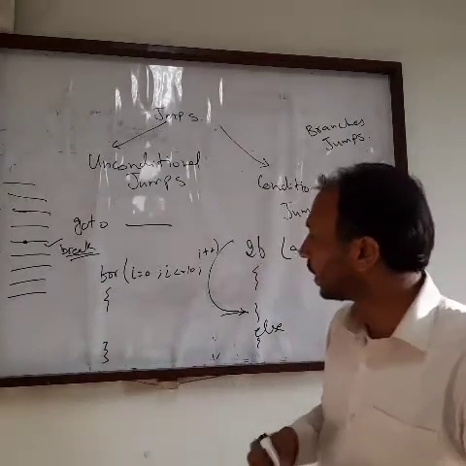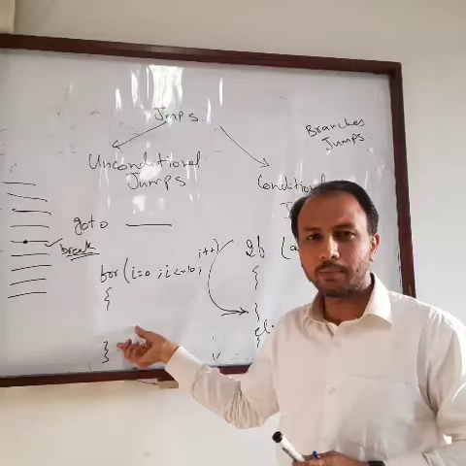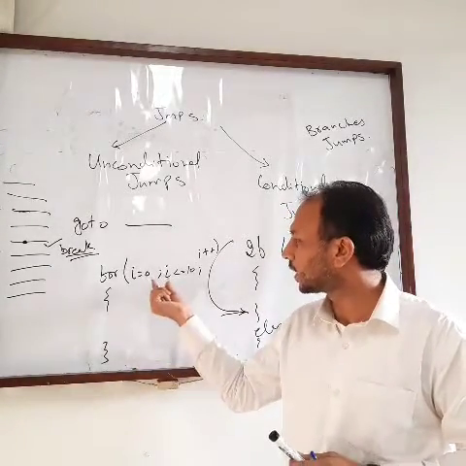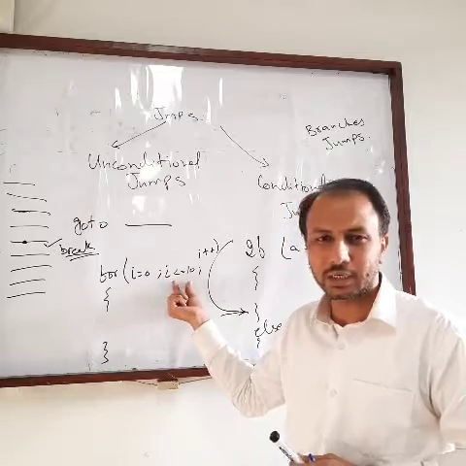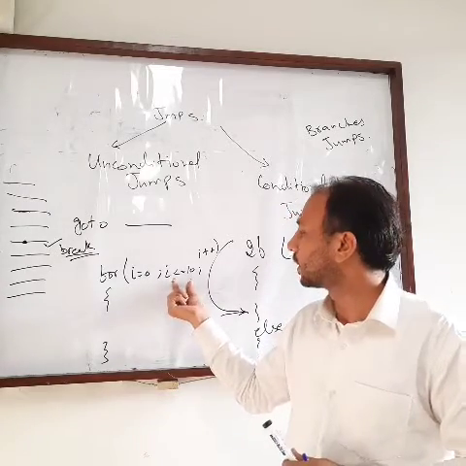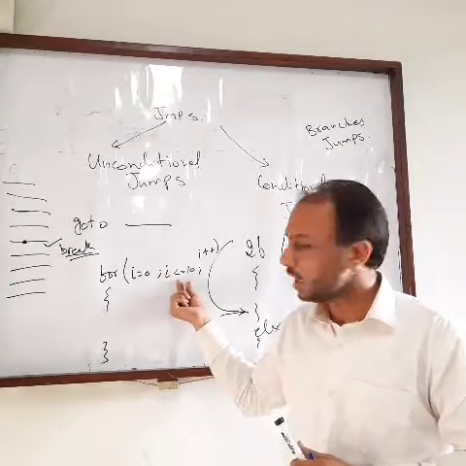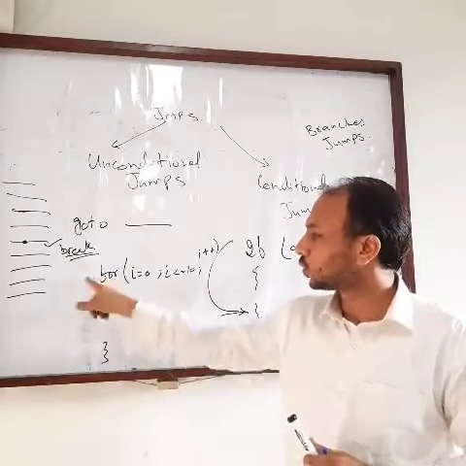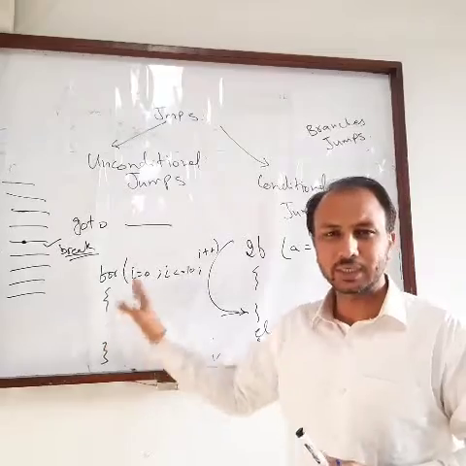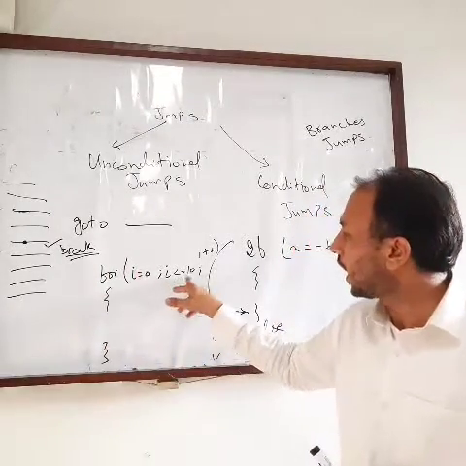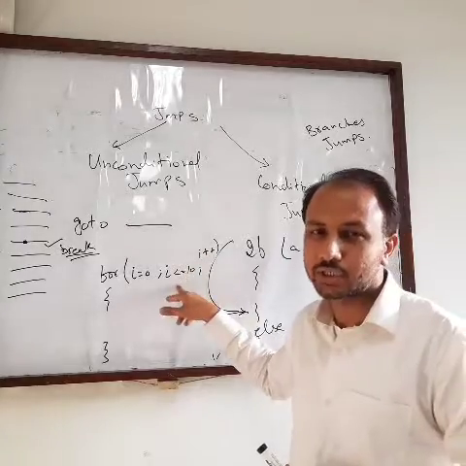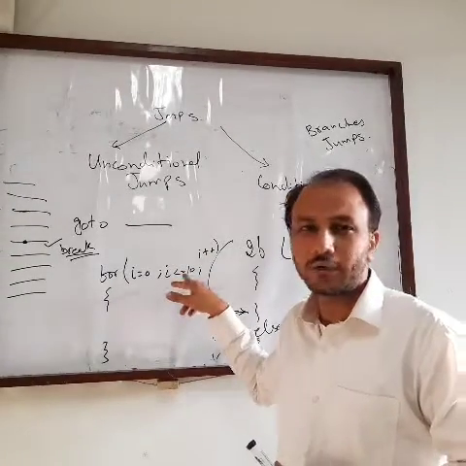You run this program, and at the end you check if your condition is still not met, I less than 10, then you take a jump and come back here. 1, 2, 3, 4, 5, 6, 7, 8, 9, 10, until I keeps incrementing and reaches the value of 10.